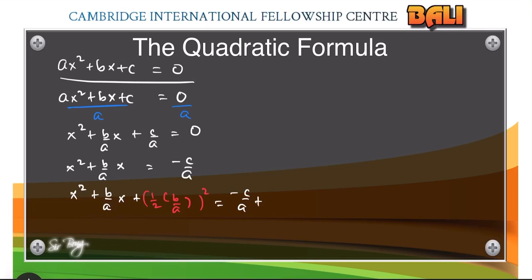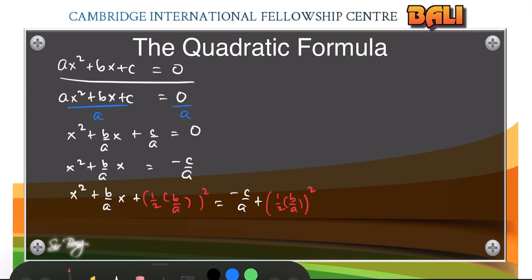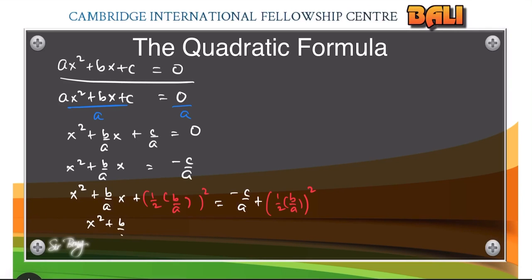plus the same red expression on the left side of the equation, 1 half of b over a, then you also square it. Simplifying further, this will give us x squared plus b over a x plus b over 2a, b over 2a. I just need it that way because I will need it later, minus c over a plus b over 2a squared also.